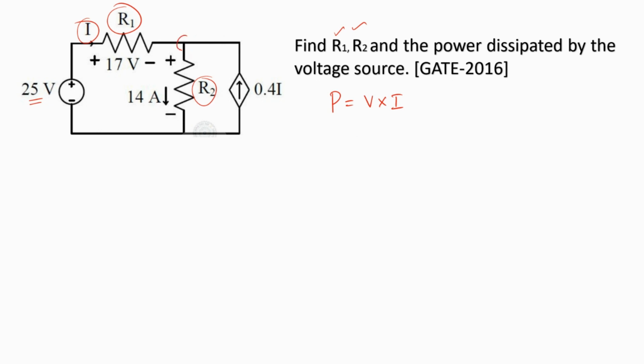If you look at this particular node, I'll call it N1. I can compute the currents that are entering and leaving this node and form the KCL equation.